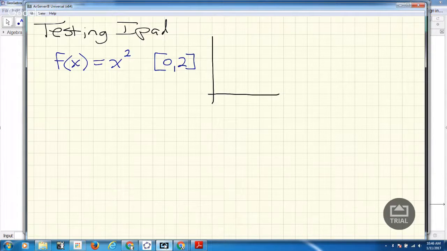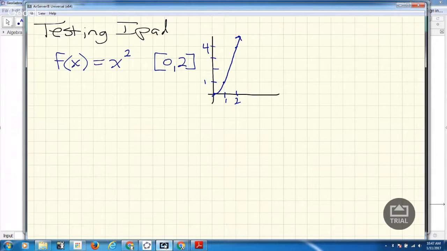And so we know we're going to have a point at (0, 0), (1, 1), and (2, 4). And we know it's shallow near the base, and then increases from there.